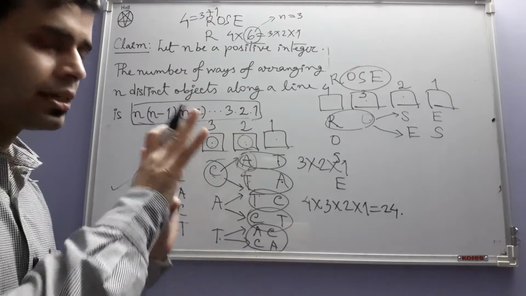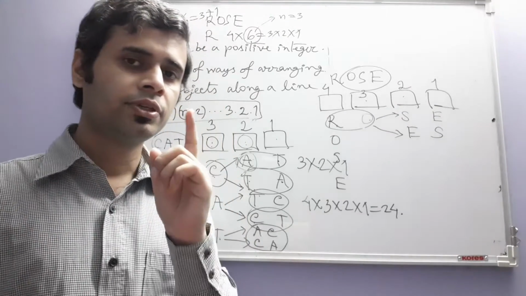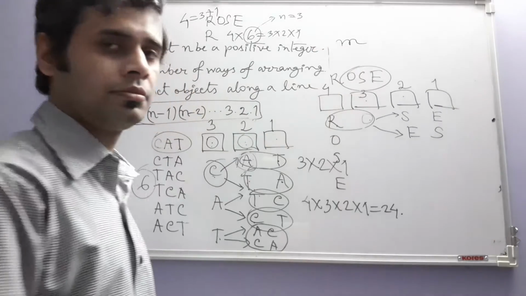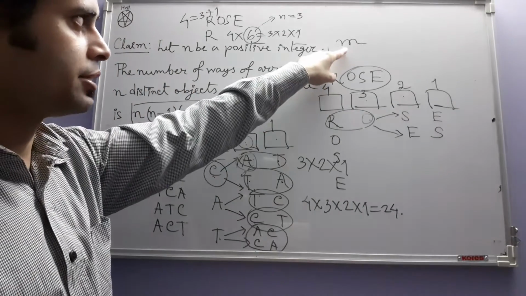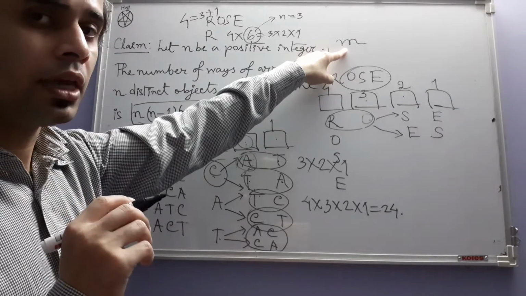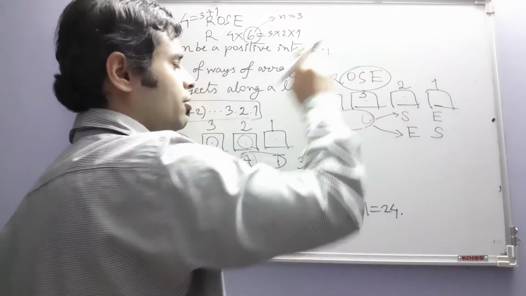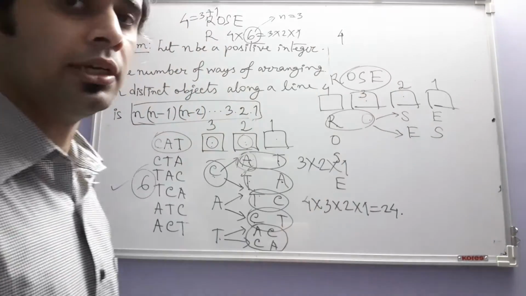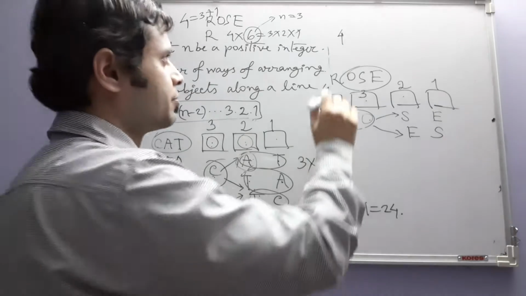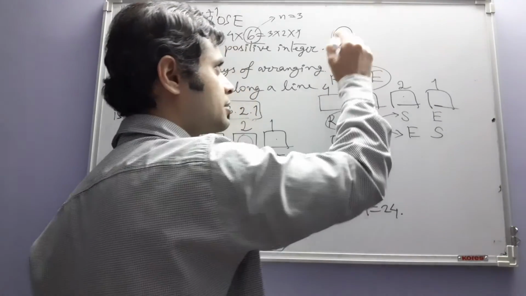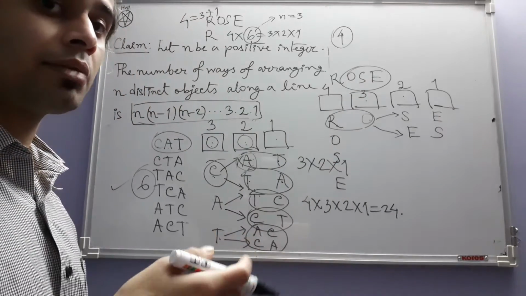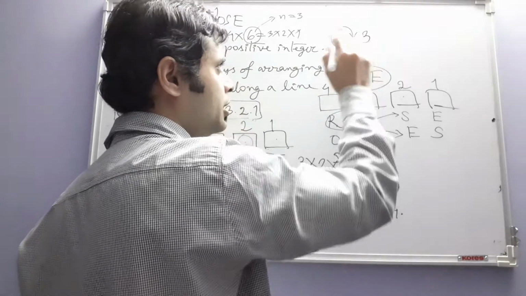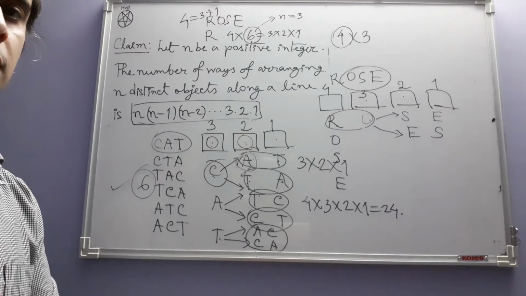So what we have understood here is that if you have m ways of doing something, listen to me carefully, let me not use variables. If I have 4 ways of doing something, and for each of those 4 ways I have 3 ways of doing something else, then together I have 4 times 3 ways of doing both the things.